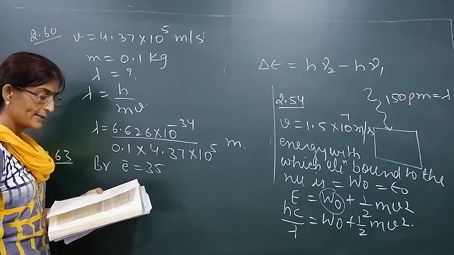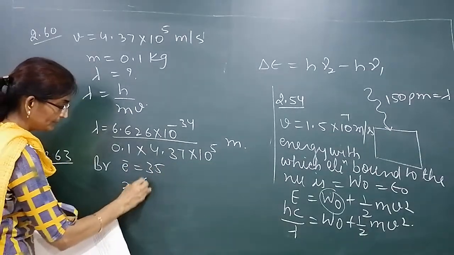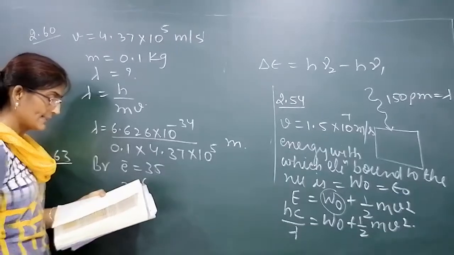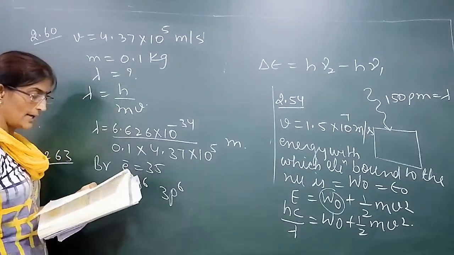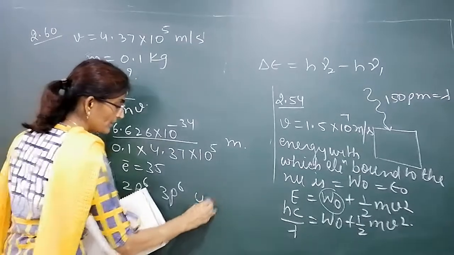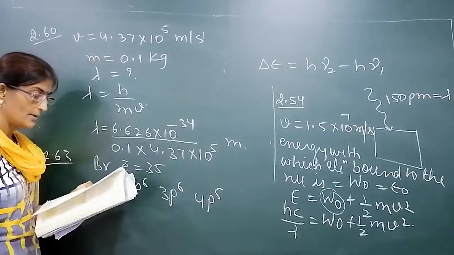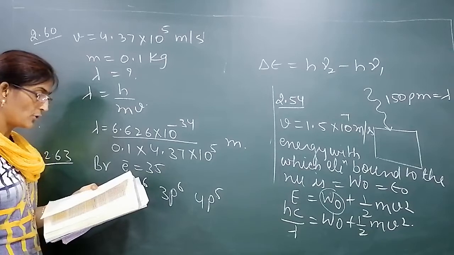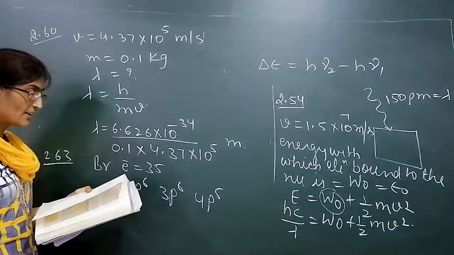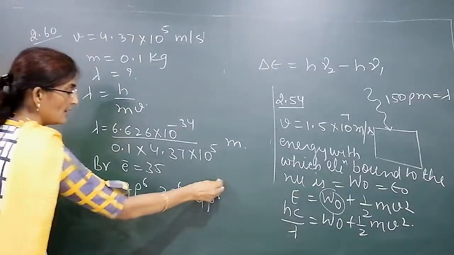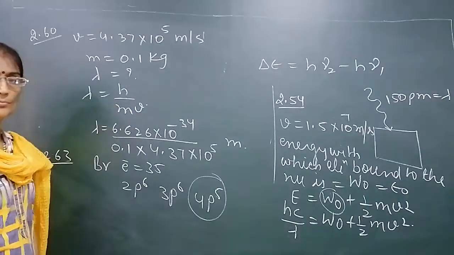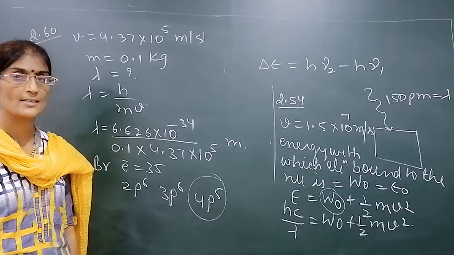It contains 6 electrons in 2p orbital, 6 electrons in 3p orbital, and 5 electrons in 4p orbital. Which of these electrons experience the lowest effective nuclear charge? 4p5, because it is away from the nucleus.